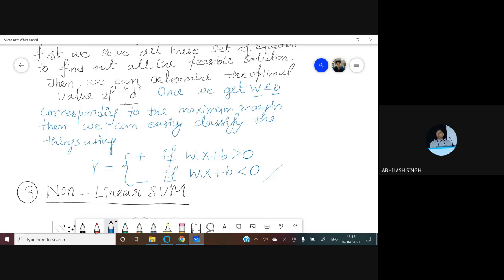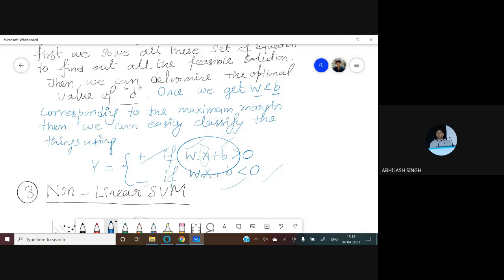We use this equation: for a new data point, we take these two parts, get this part from the new data, and compute the complete expression. If it is greater than 0, it goes to the positive class on the right side, and if it is negative, it goes to the negative side.